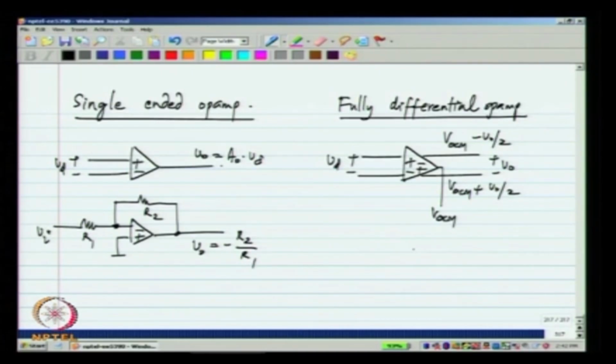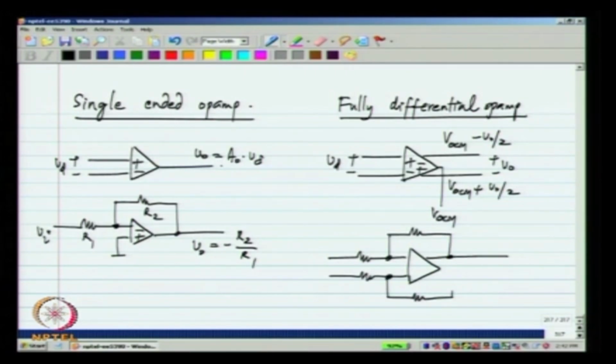Now, the fully differential version of this circuit would be like this. The input is a differential voltage here and the output differential voltage will be minus R2 by R1 times Vi.